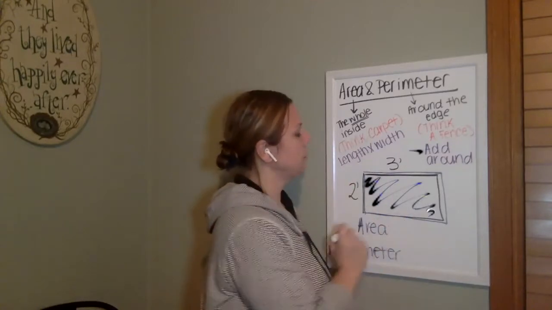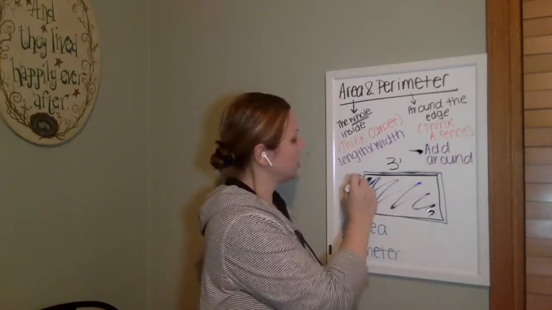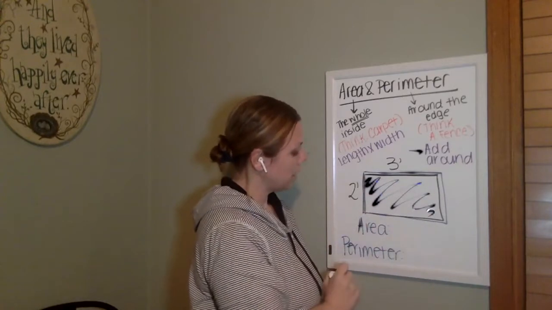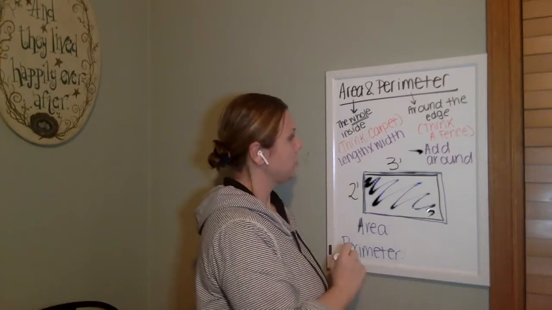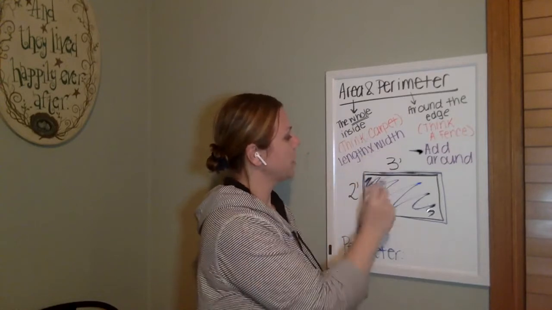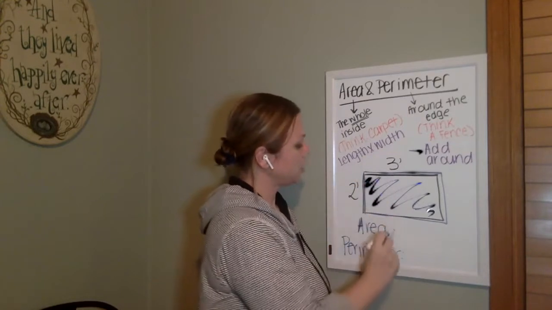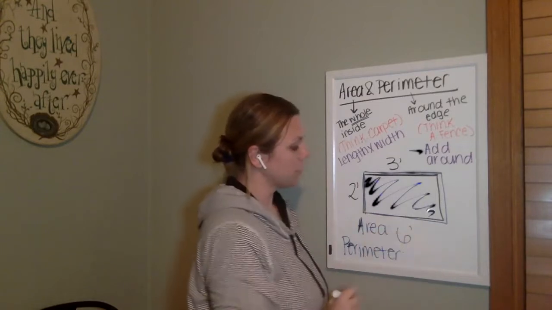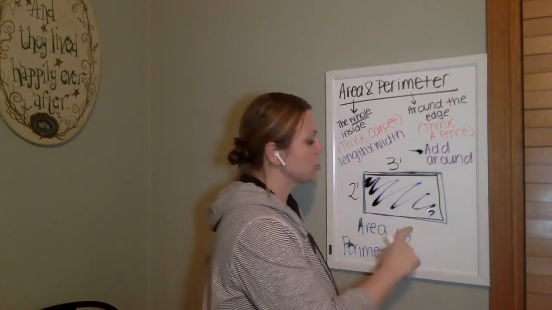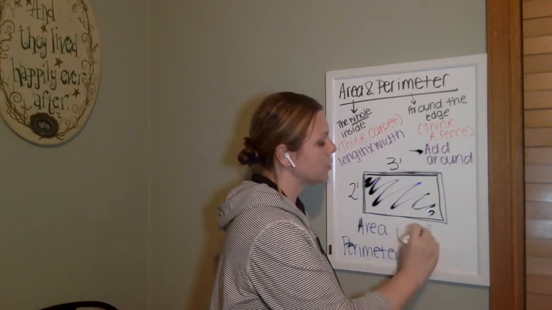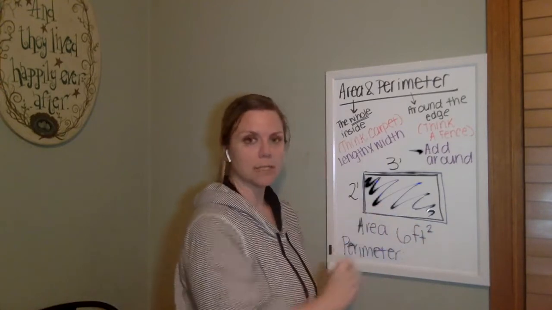So here's a really simple rectangle, 3 feet across, 2 feet down. And so to figure out the area and perimeter, all you would have to do for area is length times width. So 3 times 2 is 6, and your area is going to be 6 feet. We actually do 6 feet squared because it's square feet across the middle.